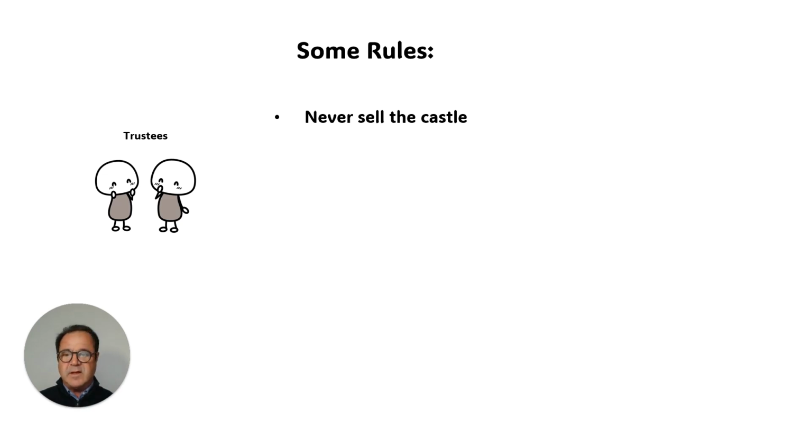For example, if there's going to be a prison built right next to the castle, or a motorway is going to go through the castle, or the family situation changes so much that nobody wants the castle, or there's inheritance taxes, which means that there is a financial need to sell the castle, there needs to be somehow some flexibility. Absolute rules are quite often problematic.